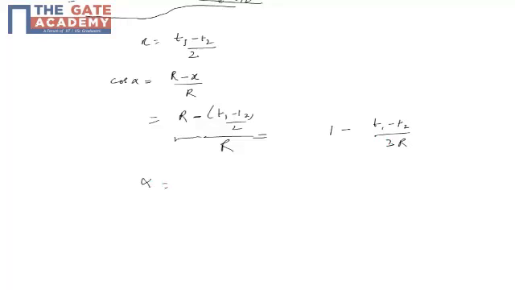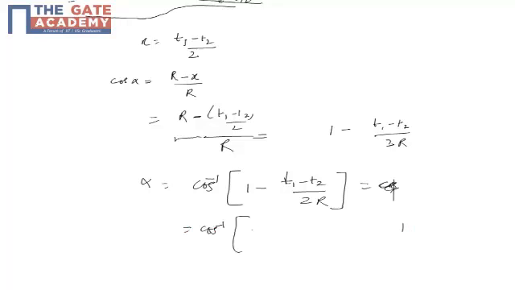So alpha is cos inverse of 1 minus (T1 minus T2) by 2r. So let's now calculate cos inverse of one minus the difference in the thickness.